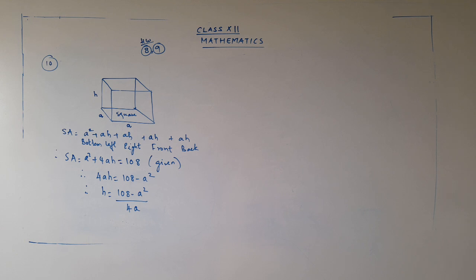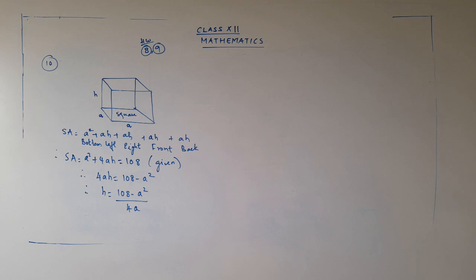Since this is the open box, we have to consider only the 5 sides, leaving the top part. So I get the formula for SA as A square plus 4AH. And using the given part, I have found the value for h. Like we get the equation in terms of x and y, and we find out the value for y. Similarly, here we have got the equation in terms of a and h, and we have found the value for h.